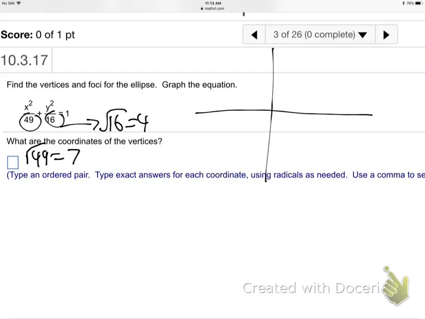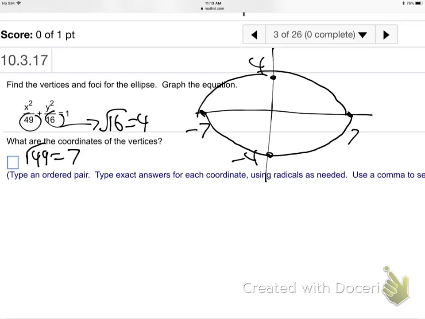So what's underneath x is right and left: 7, -7. Underneath y, 16, 4, -4. And draw yourself an ellipse, like that. Egg shape. Looks like a football or a blimp or something. All right, so there we go. Is that good so far?